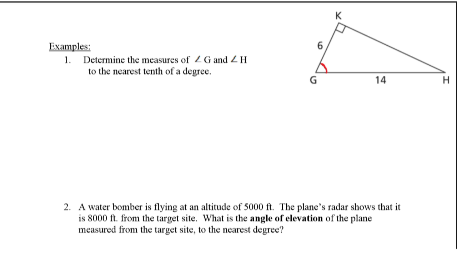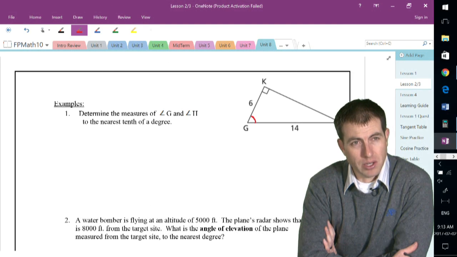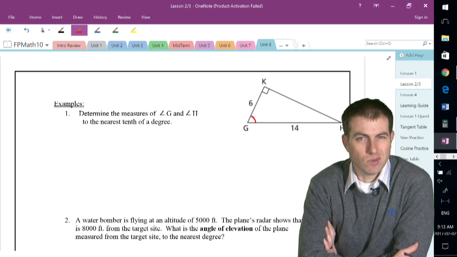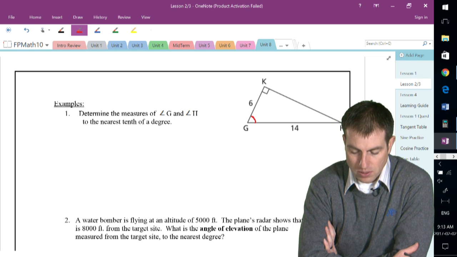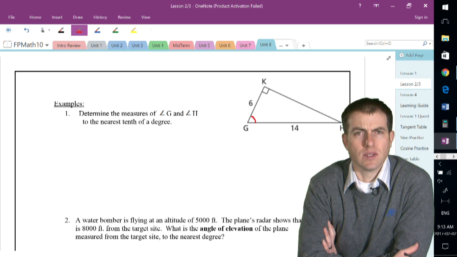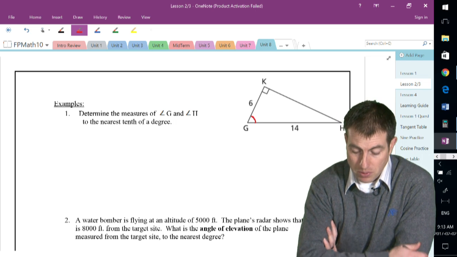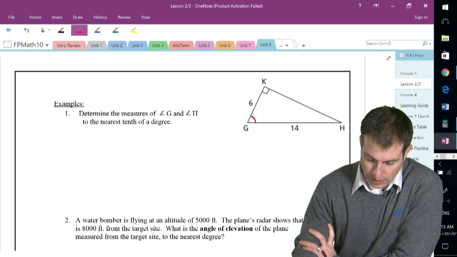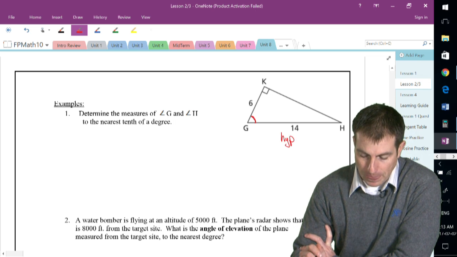We're going to label all of our sides from our reference angle. So in this question, it might be a bit tricky labeling the hypotenuse because the triangle isn't like, you know, normally the right angle is in one of the bottom corners, but now it's in the top. But hopefully we can remember the hypotenuse is still going to be the longest side. So this is the hypotenuse down here, and I'll label that hype.